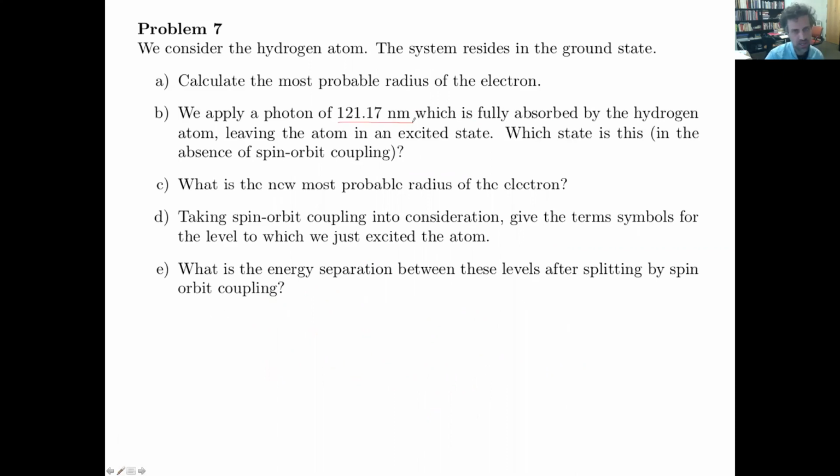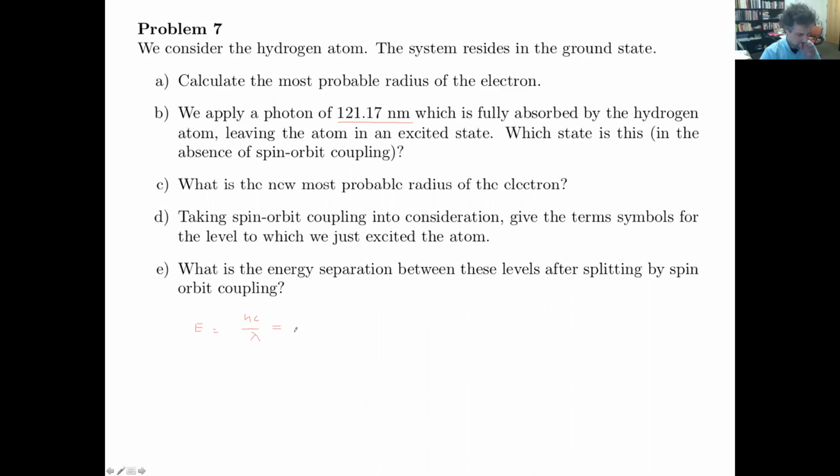So I have to translate the wavelength into an energy, and I can calculate that by taking the expression, which is hc over lambda. Okay, h is the constant of Planck, c is the speed of light, and lambda is given right here.